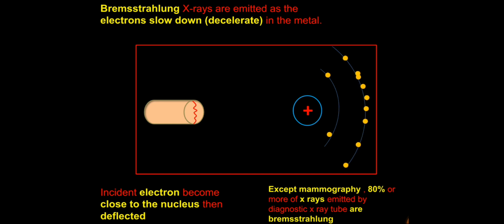In tungsten the atomic number is 74, but in molybdenum it is 42. So the chance of interaction of the electron in molybdenum is less than in tungsten. And I will talk about this in another video with more details.